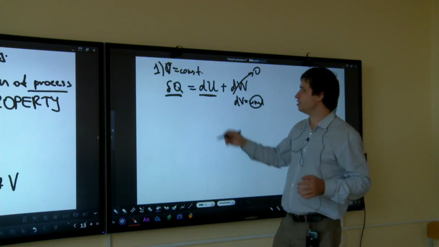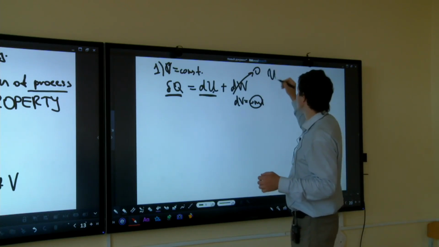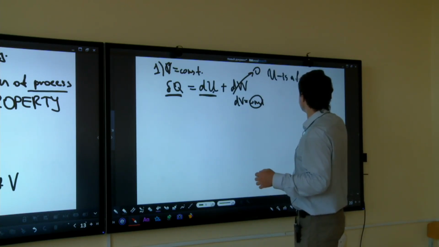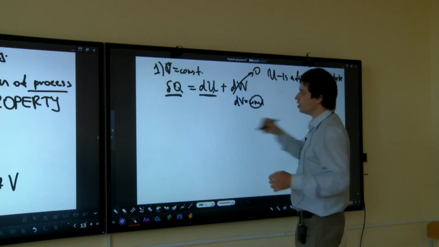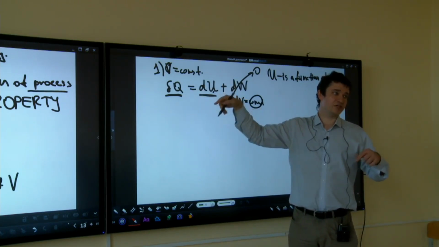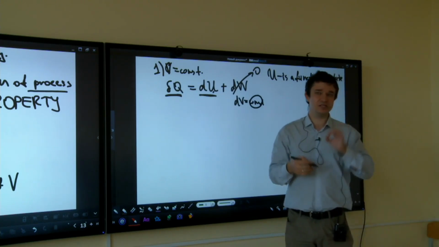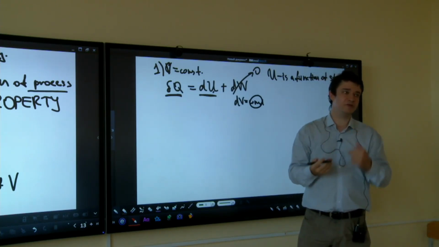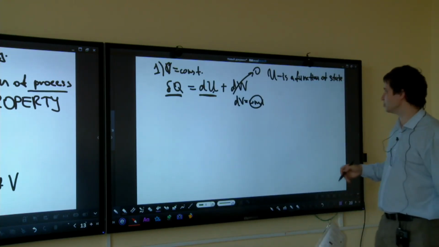The main reason is that U, internal energy, is a function of state, while Q is not a function of state. It's a function of the gas and the process which happens. That's why delta Q would be different in different processes, while dU would remain the same in different processes.